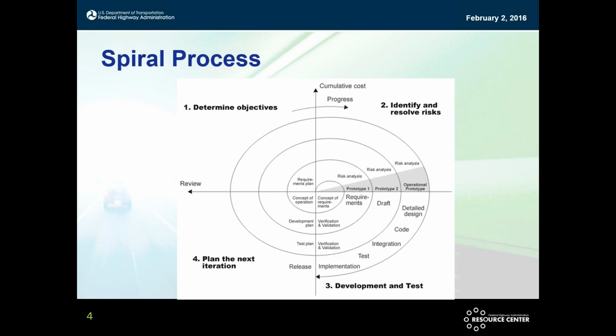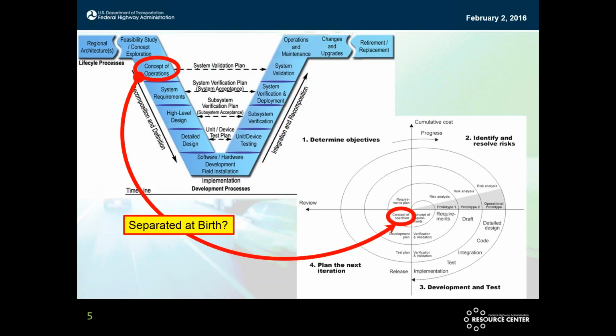The bottom line, the way I respond to them, is that they both have a concept of operations. You do not get to skip the process. You still need to do a concept of operations. In listening to Phyllis talk, this is a backlog, which is agile development. It's the same thing.